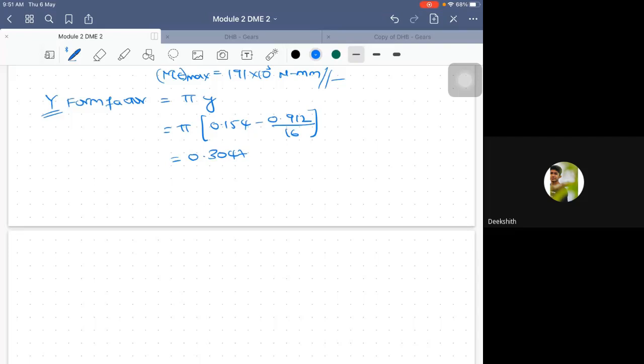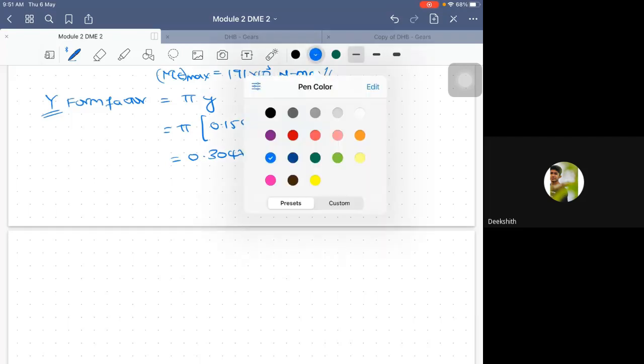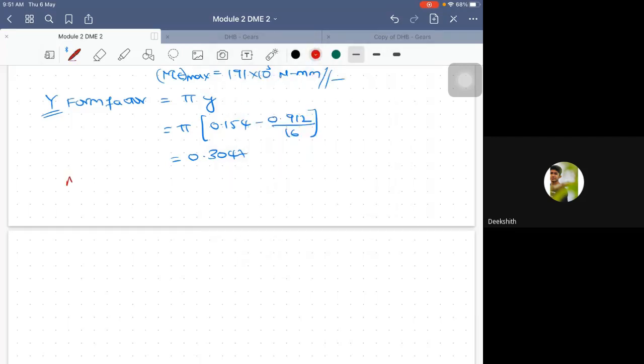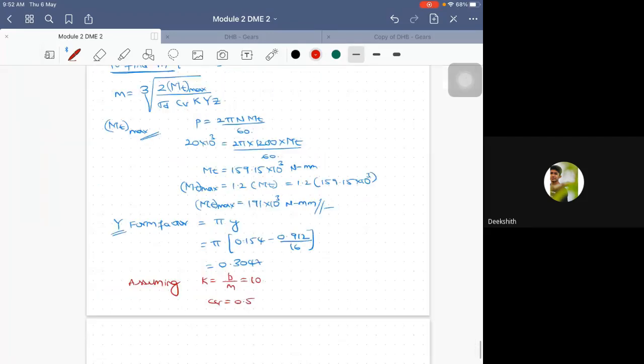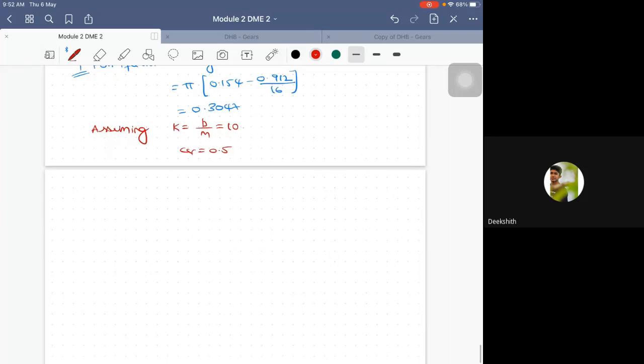Again, the Cv value and the k value are not given. So what you have to do is assume k equals b by m, that is equal to 10, and Cv value is 0.5. Now, since everything is known, just substitute there.